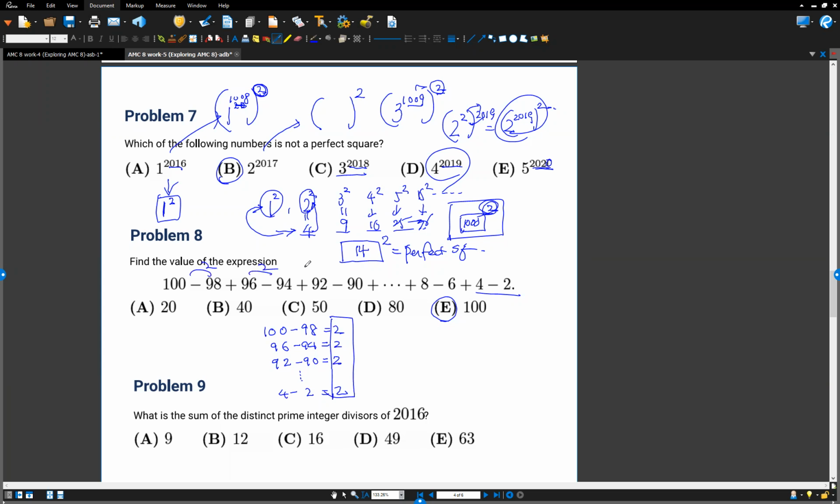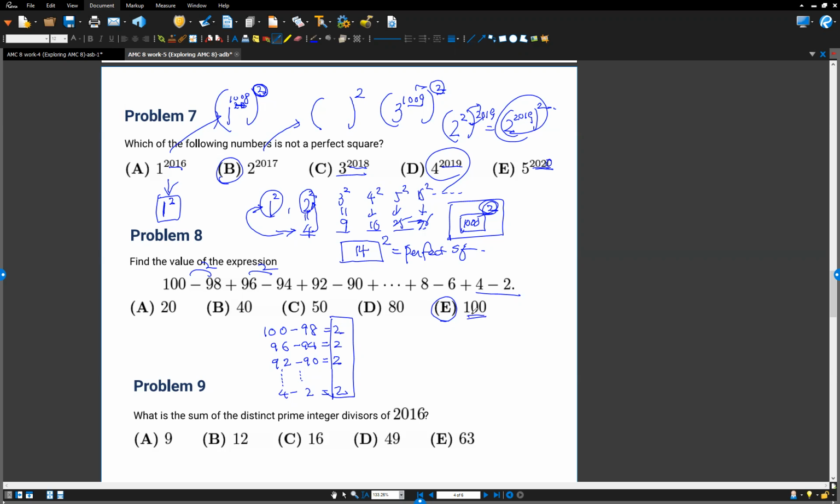But how many 2s are there? That's the problem. How many 2s? 50? If 50, 2 times 50 is maybe 100.